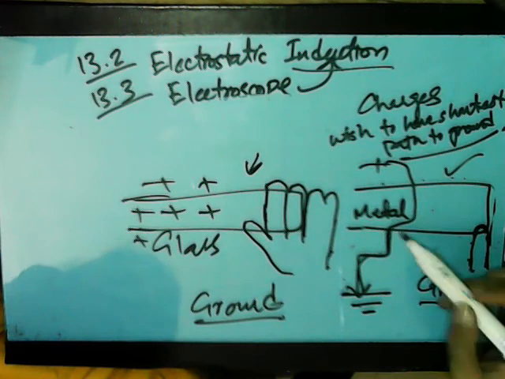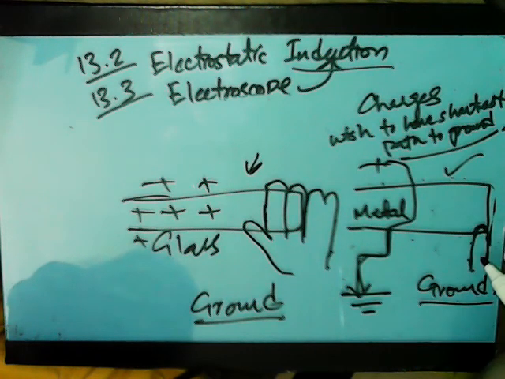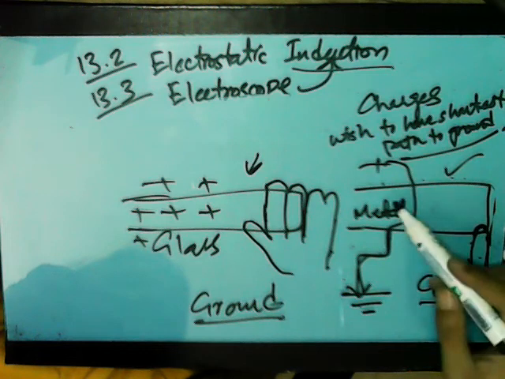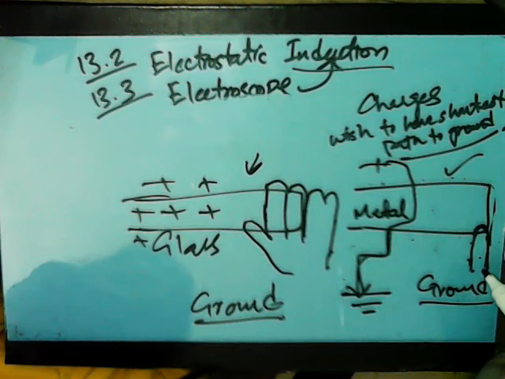In this case, since the ground is a much bigger sink or pool for the charges on this metal as compared to my finger, obviously this is the shorter path for them to go into the ground, because my body is not a good conductor.